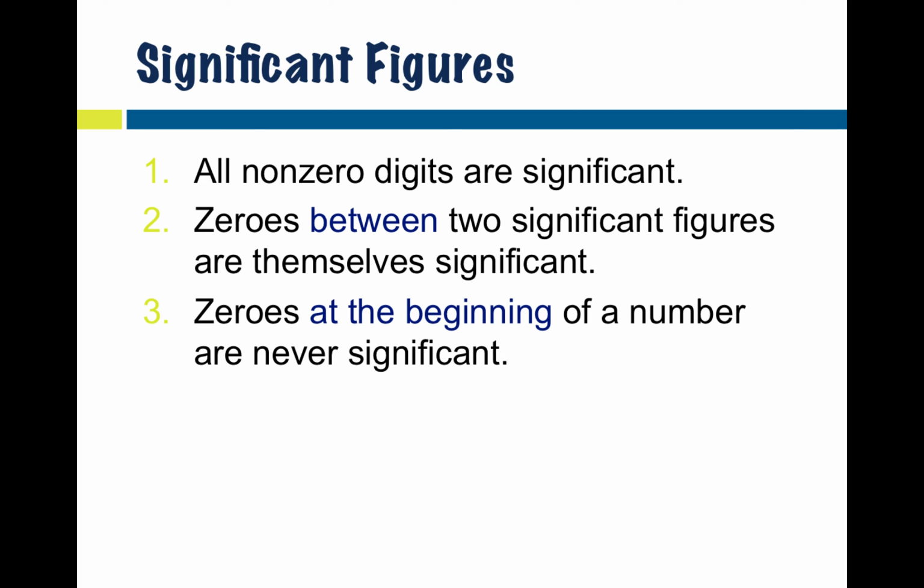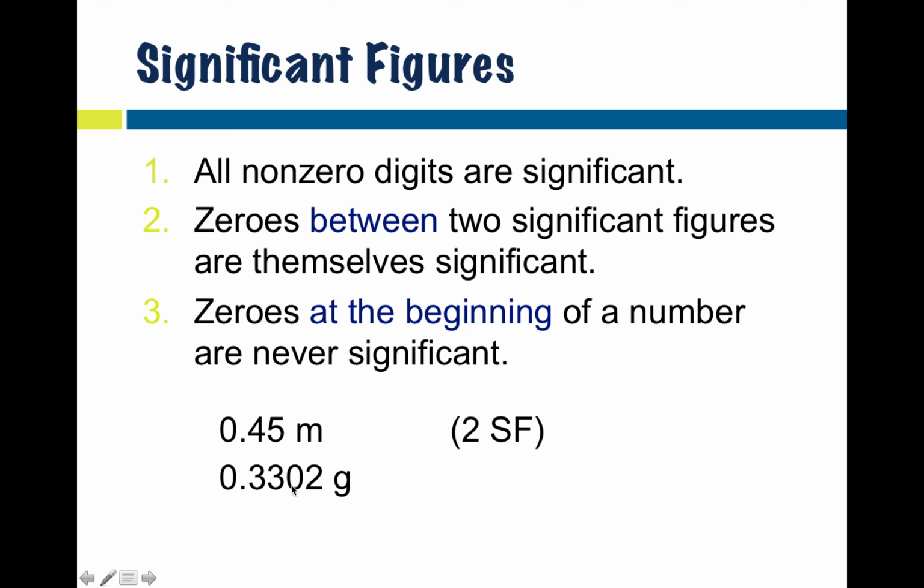Number 3, zeros at the beginning of a number are never significant. So, 0 at the beginning is not significant. These, however, are non-zero, so this is 2 sig figs. This 0 at the beginning is not significant because, again, it's at the beginning.